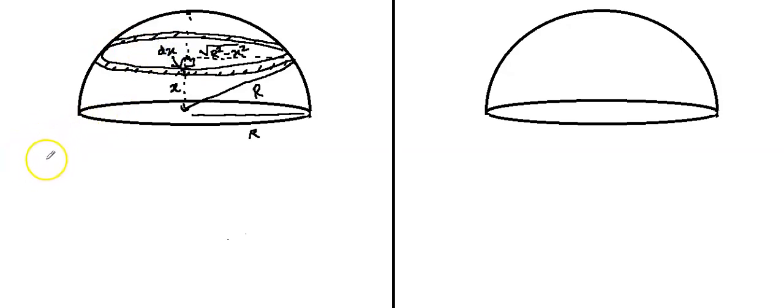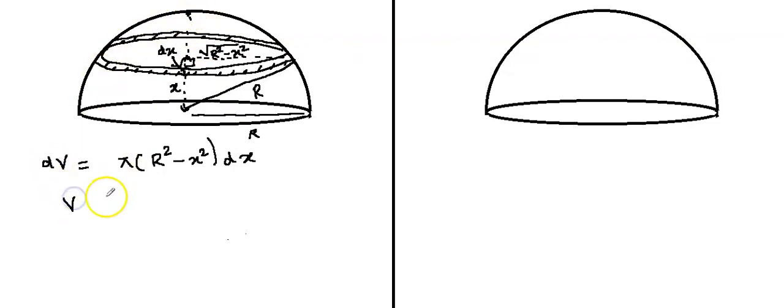So its volume, dV, the elemental volume, is going to be pi times the radius of the cylinder squared, since it's a cylinder, times the height of the cylinder, which is dx. When x is 0, you're covering the disk at the bottom, and slowly as you increase x and go all the way to x is r, which is this point here, you cover the disk at the top, which is basically a point.